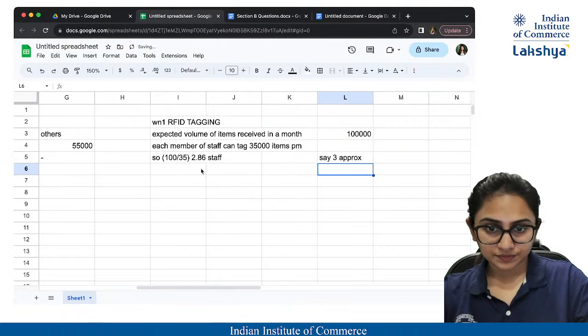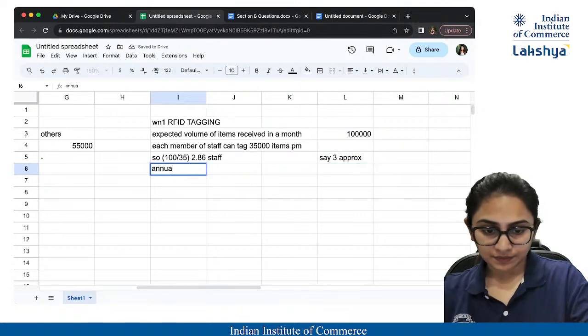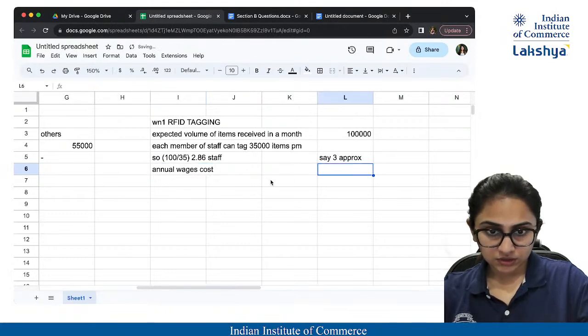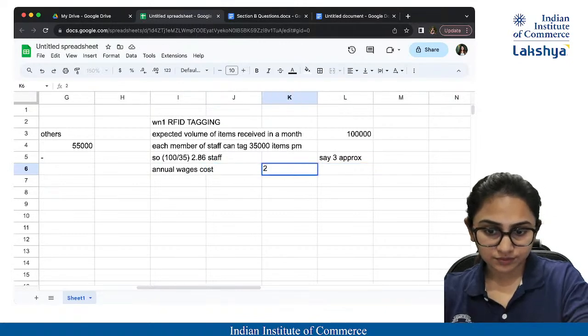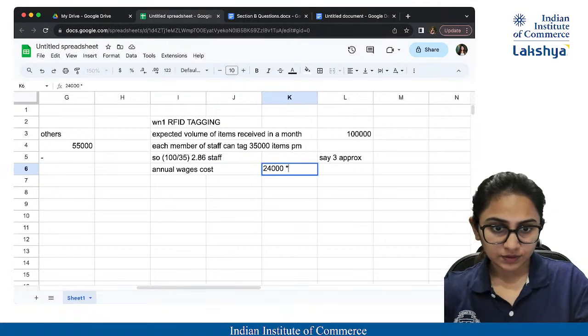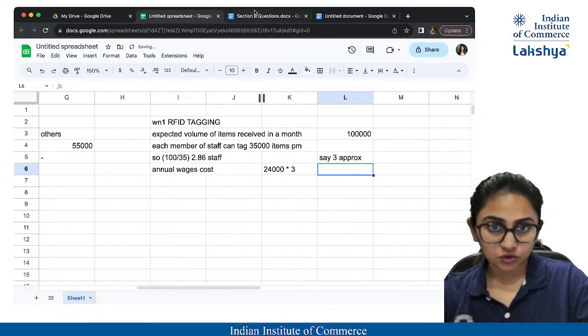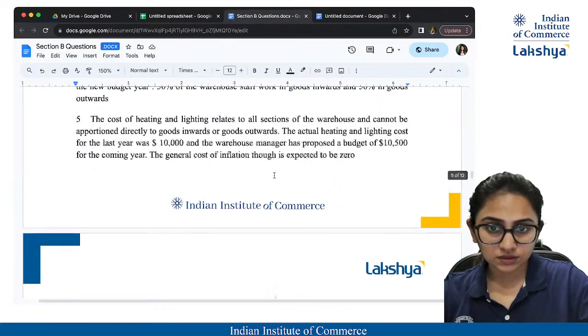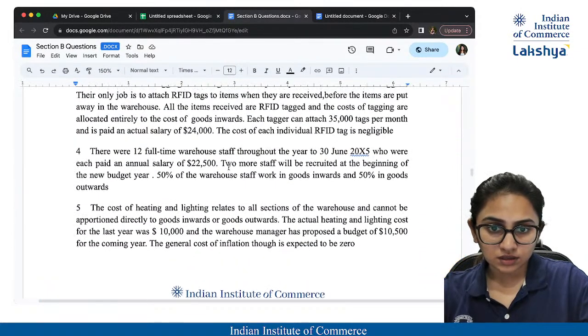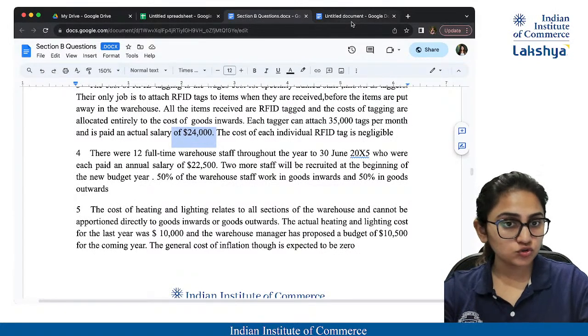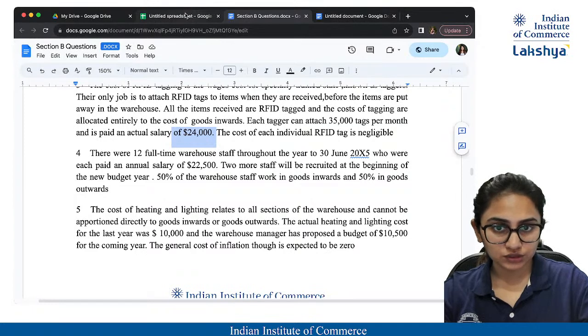So annual wages cost is how much? 24 into 3, because actual salary is 24 and you need 3 members to do the work. 24 into 3.